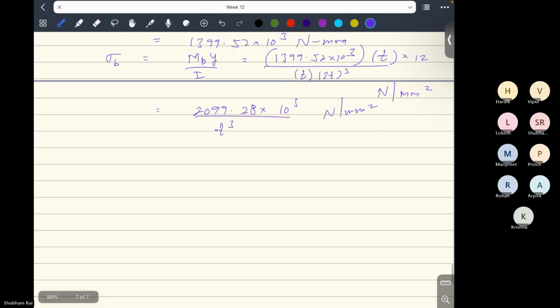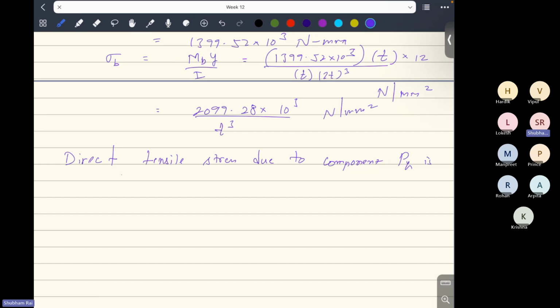So now we also have direct tensile stress, due to the component P horizontal.